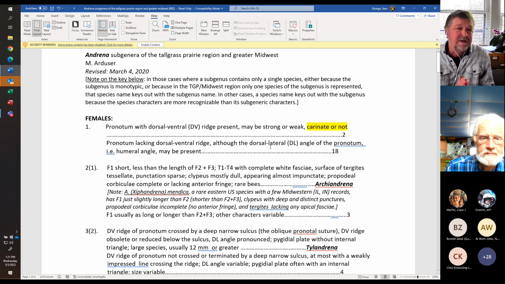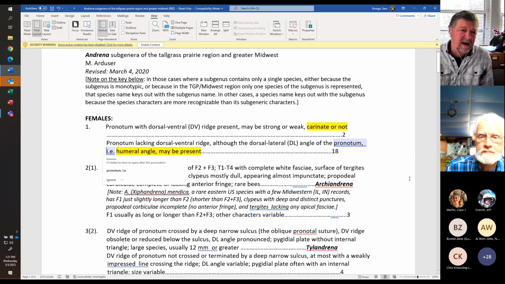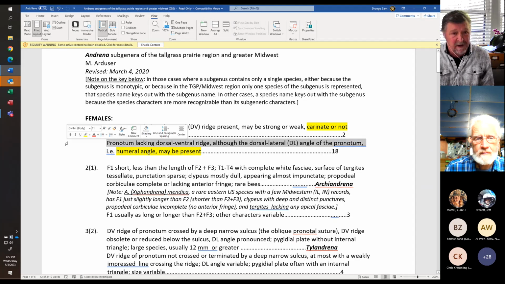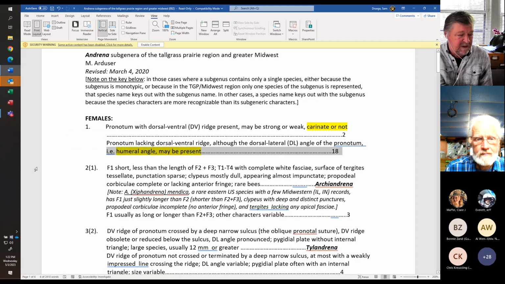But the dorsiventral ridge is an obvious feature if the head isn't smashed up against the pronotum. That can be a problem. But usually, if you scrape some hairs away, you get an idea if there's a ridge or not. Lighting is everything. If you don't think you see it, move the specimen in many different angles until you really are convinced that either it's there or it isn't, and then move down to the next couplet.